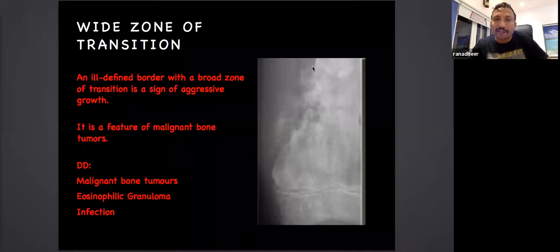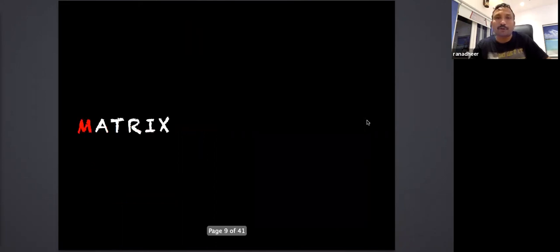An ill-defined border, where you don't know where the border is, with a broad zone of transition is a sign of aggressive growth. That means it is lytic and a feature of malignant bone tumor. Most malignant bone tumors have a wide zone of transition as well as an irregular border.